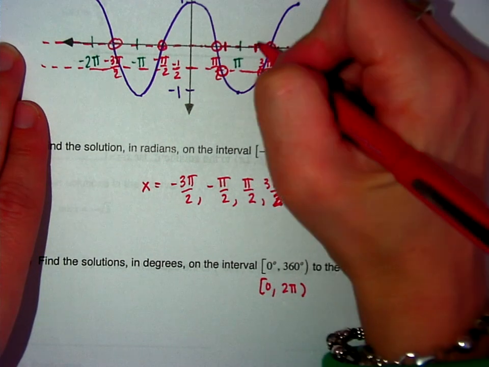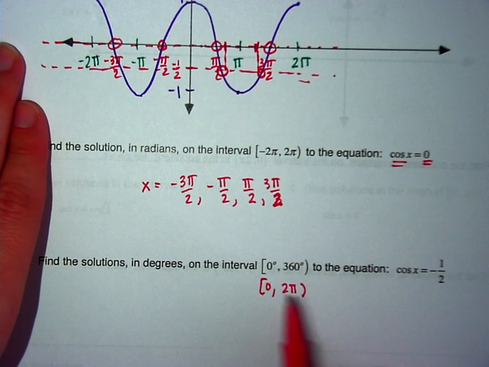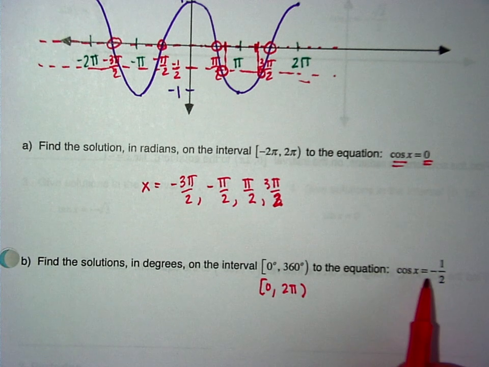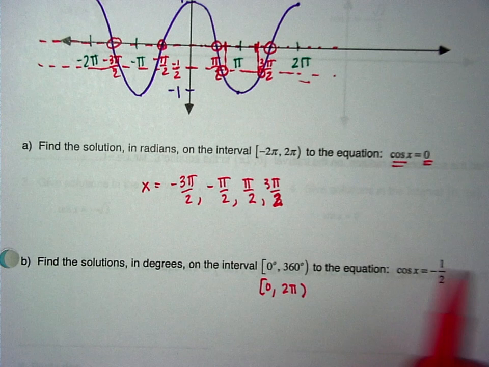And so what are these x coordinates? When is the cosine equal to negative 1/2? Well, hopefully you know cosine, right? We think about reference angles. Cosine equal to 1/2 when we are at 60-degree reference angles. But I want negative 1/2, so you can think in your unit circle. When is this going to happen?